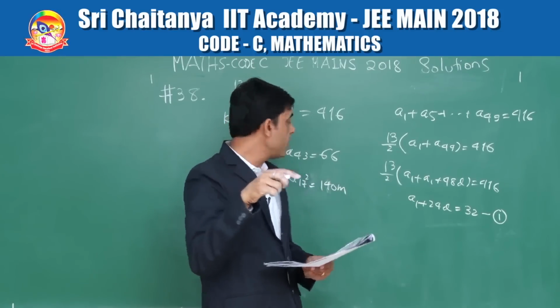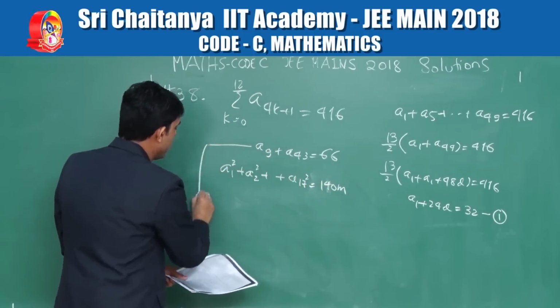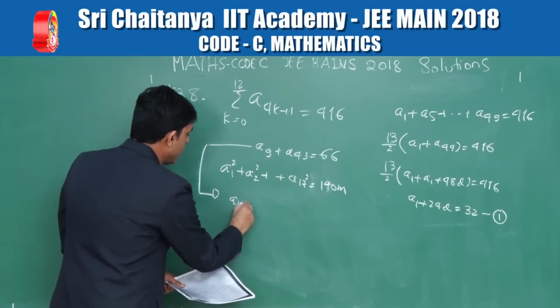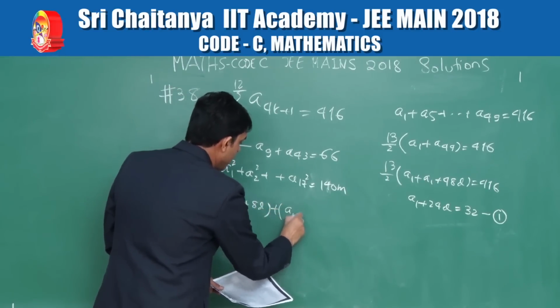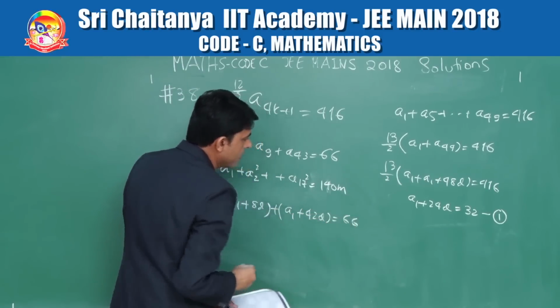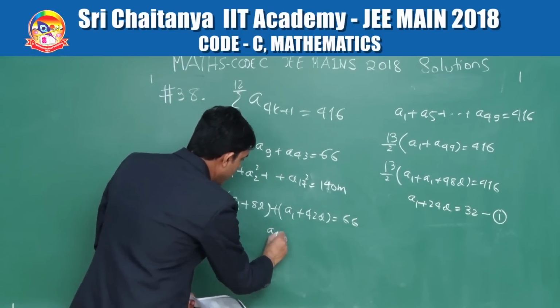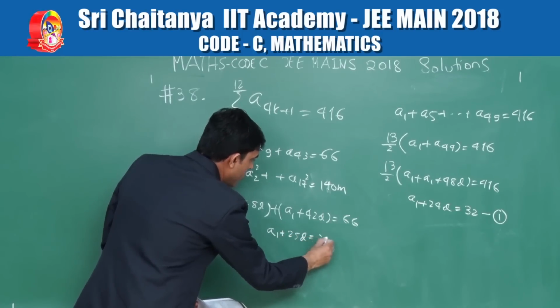The second condition, A9 plus A43, I can again simplify as A1 plus 8D plus A1 plus 42D equals 66, and that gives you A1 plus 25D is 33.